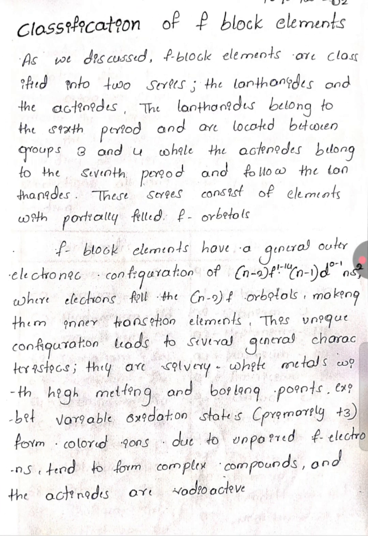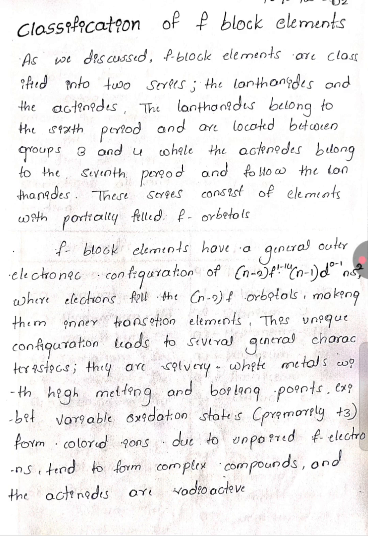Next, we have to know about the classification of F block elements. As we discussed, the F block elements are classified into two series, the lanthanides and actinides. The lanthanides belong to the 6th period and are located between group 3 and 4, while the actinides belong to the 7th period and follow the lanthanides.